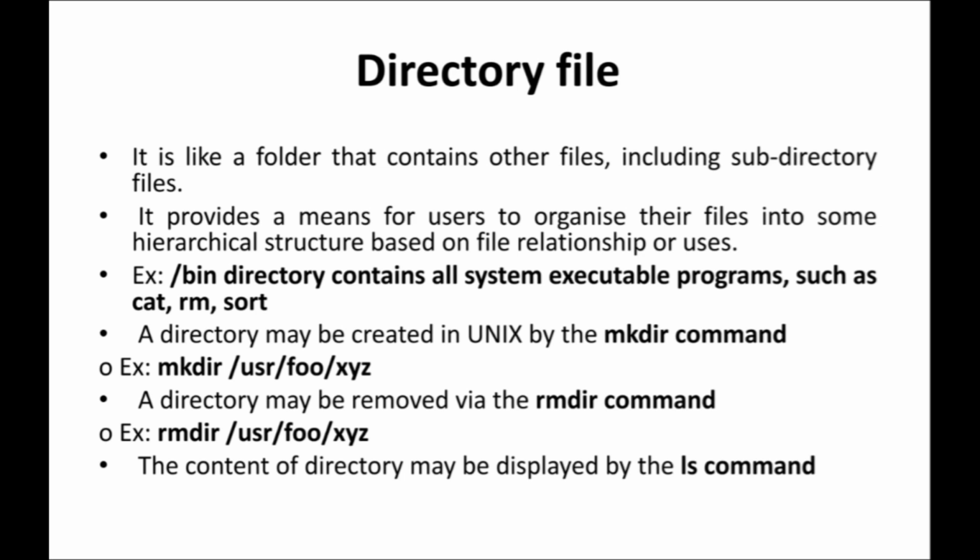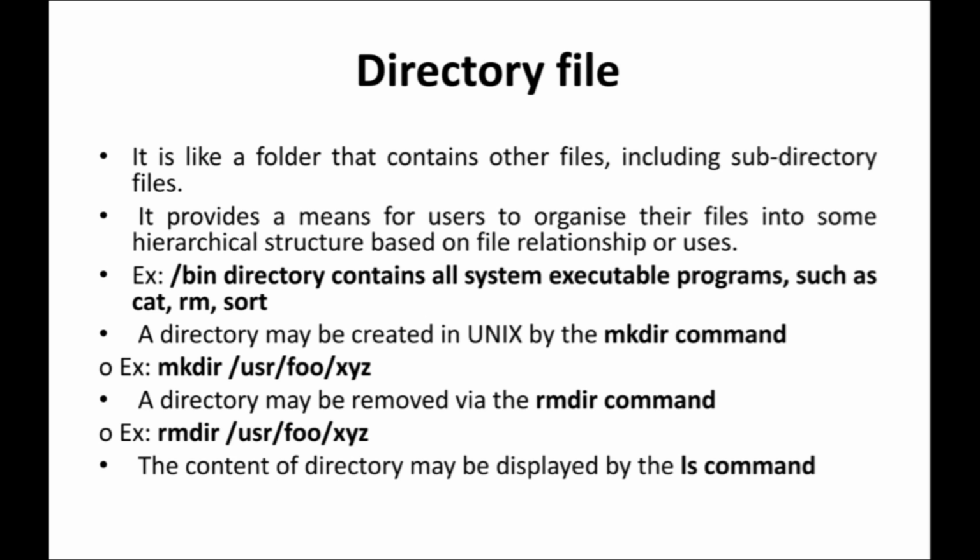So why do we need this directory file? A directory always provides a means for users to organize their files into some hierarchical structure. If you want to organize your files based on some characteristic or some relationship in a hierarchical structure, you can use a folder or a directory.